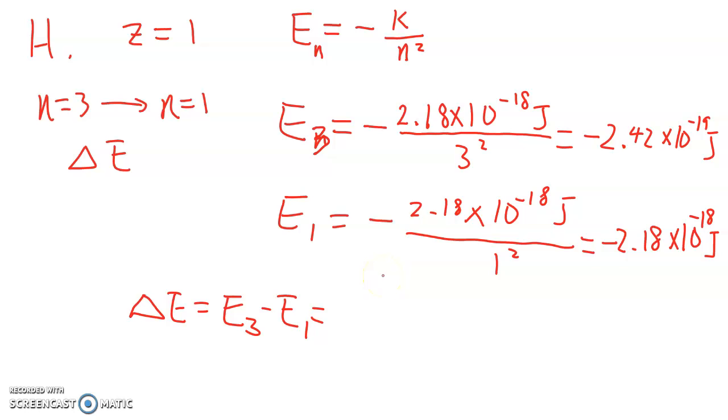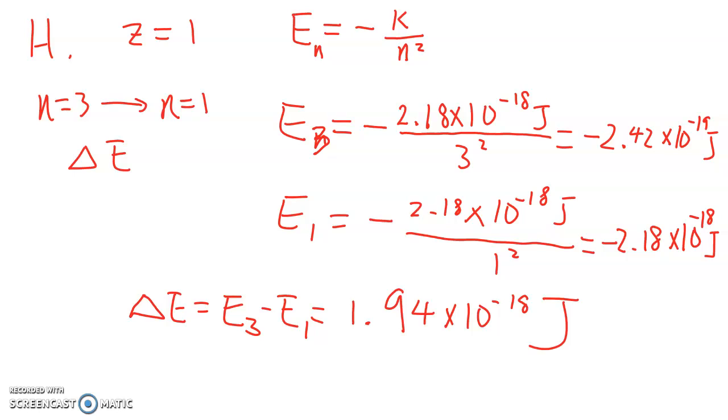So I will have that number minus negative 2.18 times 10 raised to the negative 18th power. From my calculator, it shows 1.94 times 10 to the negative 18. That many joules.